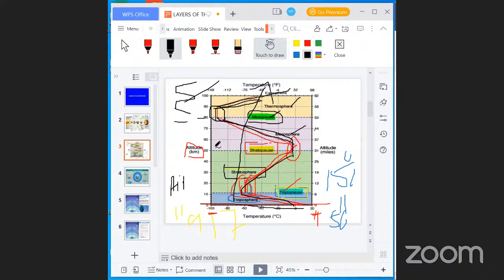So what happens here is there is a change in temperature across all these 5 layers with altitude. That is where the structuralization of the atmosphere is important, right?